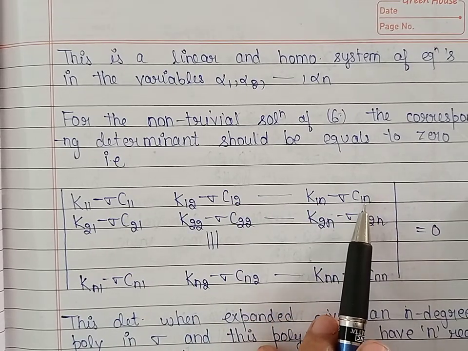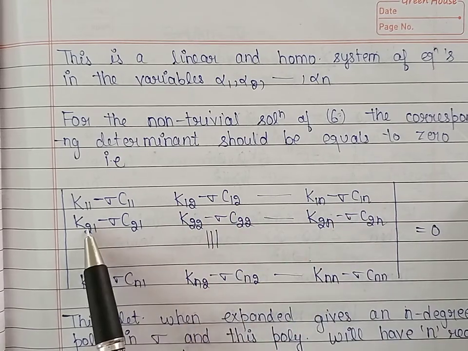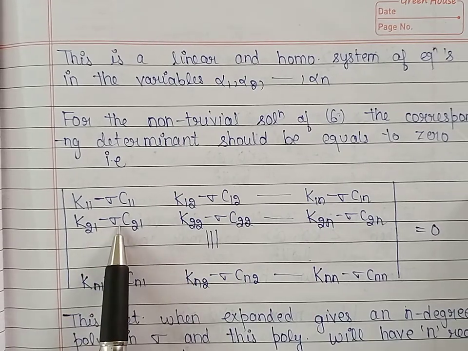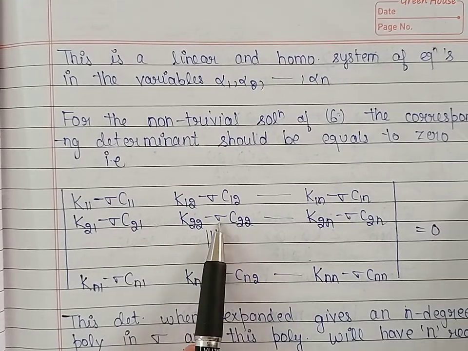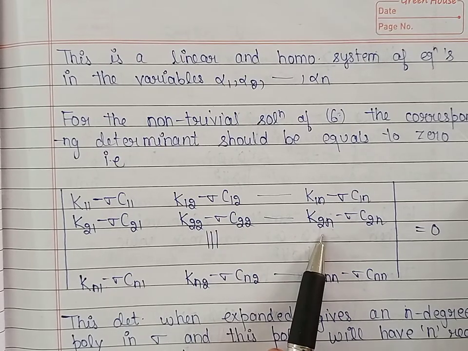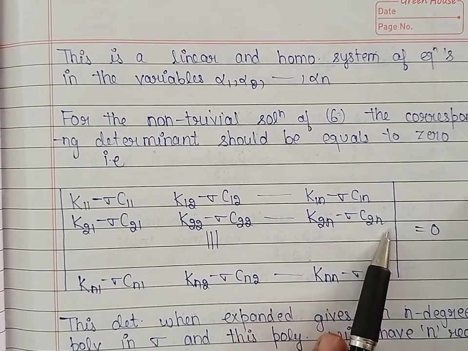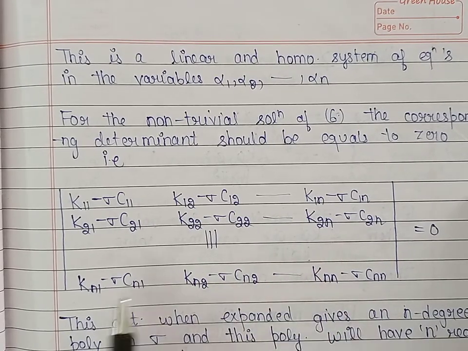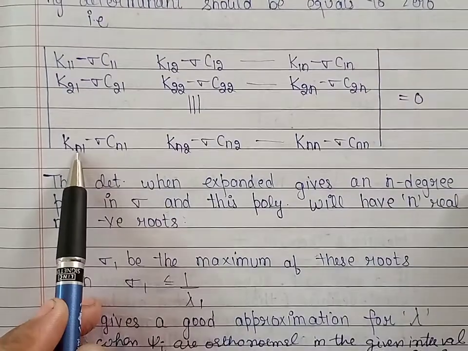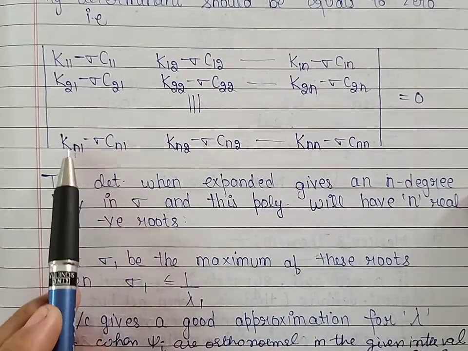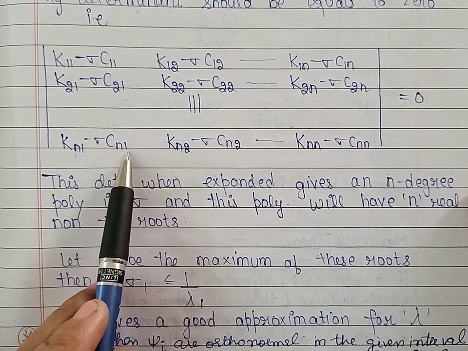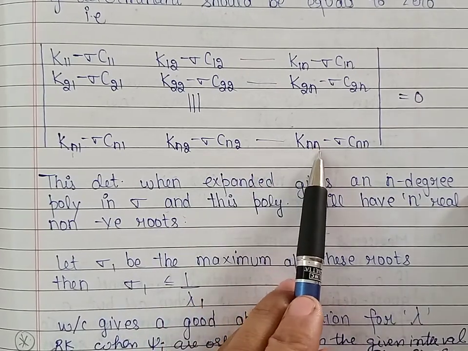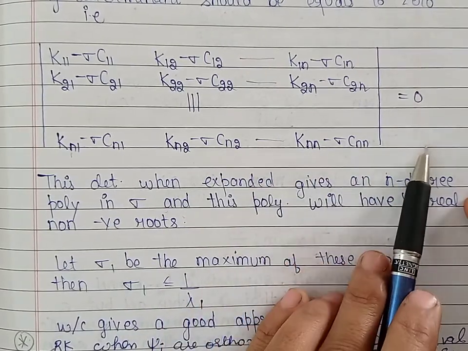And if we take i is equal to 2 and k varies from 1 to n, we get the second row of the determinant, which is given by k21 minus sigma c21, k22 minus sigma c22 and so on, k2n minus sigma c2n. And continuing like this, if we put i is equal to n and k varying from 1 to n, we get the last row of the determinant, which is given by kn1 minus sigma cn1, kn2 minus sigma cn2 and so on, knn minus sigma cnn is equal to 0.